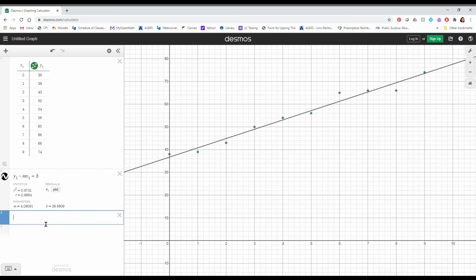So I'm going to go C of t equals, and now I'm looking up here for my m value, 4.09091 x, or t, whoops, plus, and then b, 36.69009. All right, so you can turn this one off even. That was our model. That's fine. I just copied it down so it looks like now here it's written using function notation.